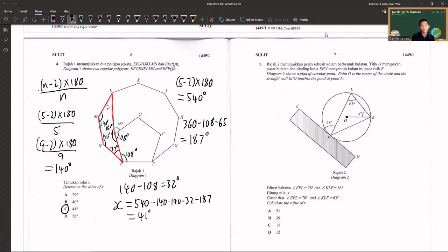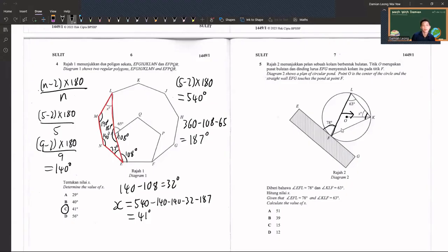Okay, tangent dengan perentas ini. So sudut ini sama dengan sudut pada sudut FKL ini.